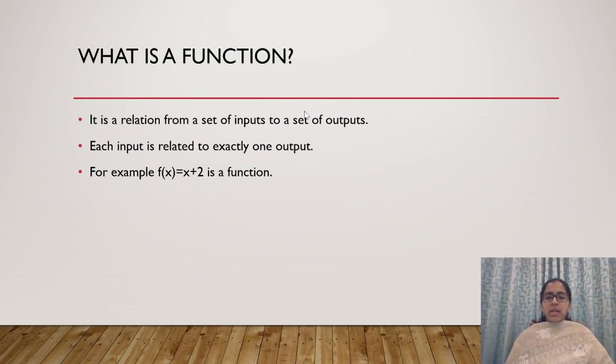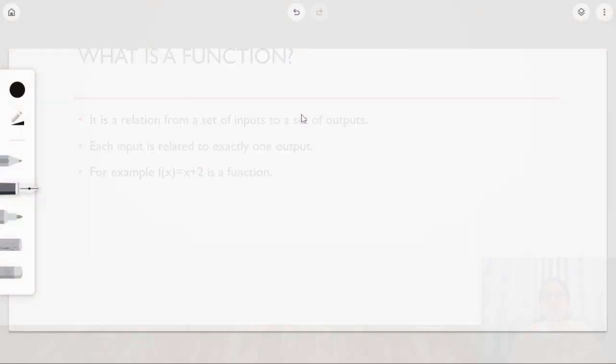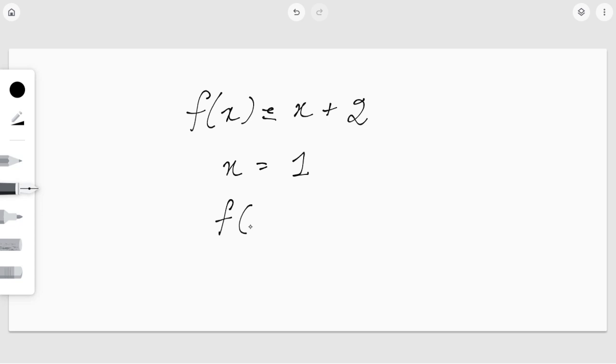Now, if we consider an example, say f of x is equal to x plus 2. If we consider this function, if x is equal to 1, what will be the value of the function? f of 1 will be equal to 1 plus 2, which is equal to 3.